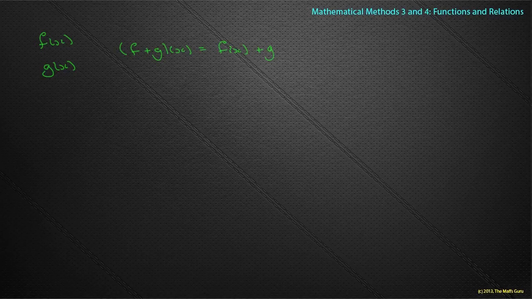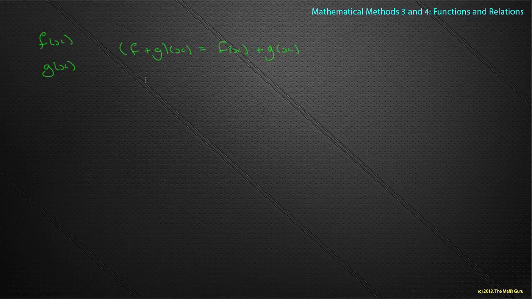Sometimes it's important to know the sums and products of functions. If you have two functions, say f of x and g of x, then if you want to sum them together, which is f plus g of x, that's the same as f of x plus g of x.